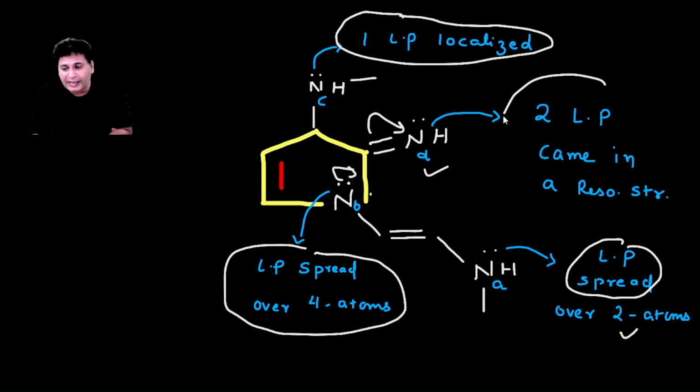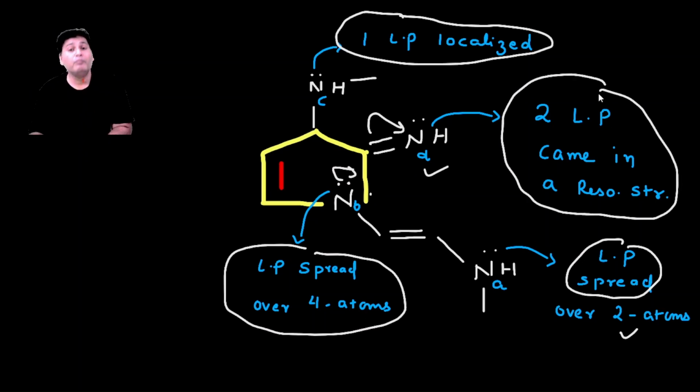So this is the nitrogen which comes as the wealthiest, most prosperous in terms of electrons. So H plus is happiest in this case, because it gets lots of electrons.